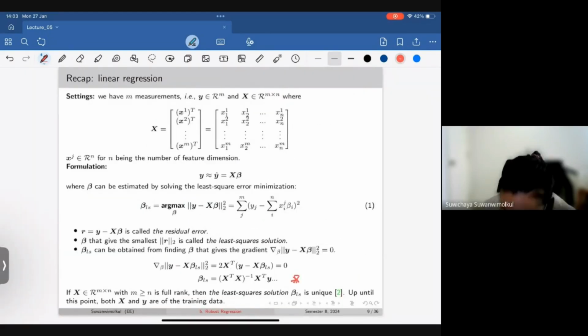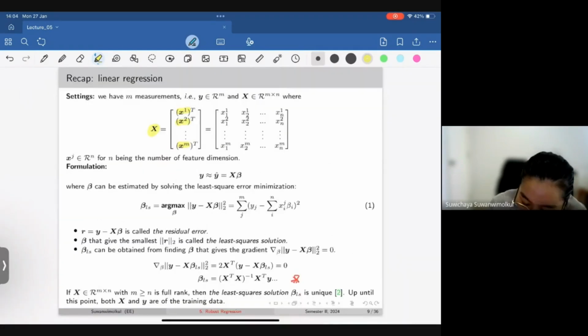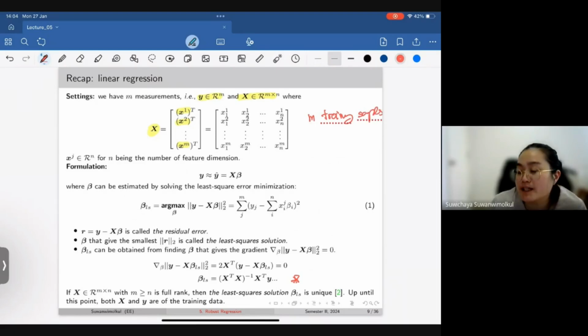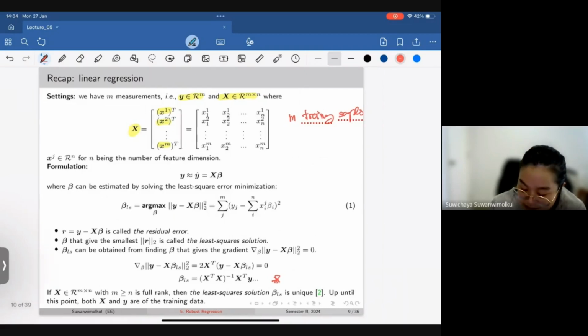All right, let's recap a little about the linear regression system that we learned from the previous lecture. Initially we have x here, the input features that has j samples. Let's say that Y and X here are the training data, so we have M training samples. If we assume that x and y are supposed to have a linear relationship, then we can regress or forecast the value of y by using this linear model.